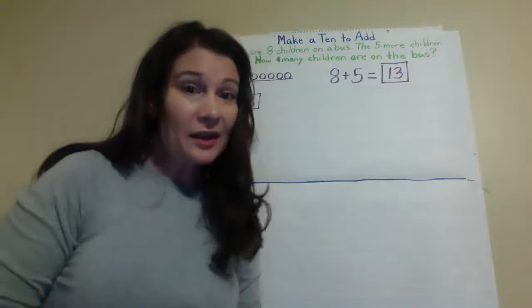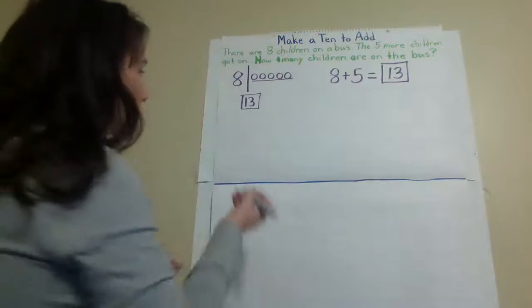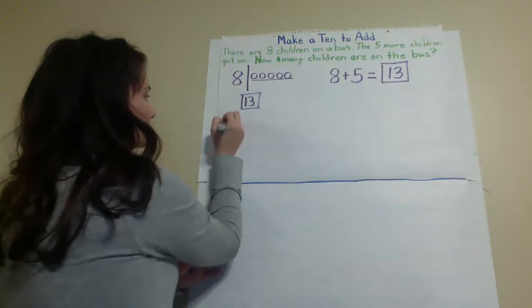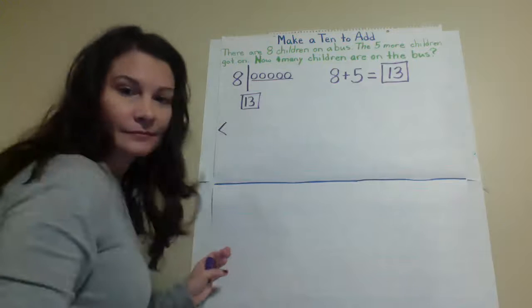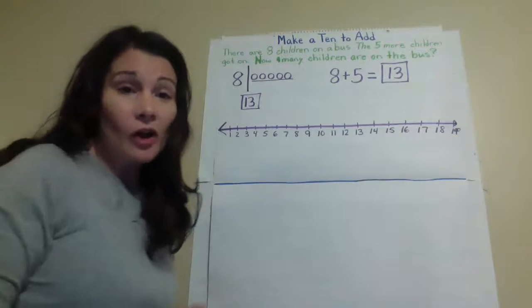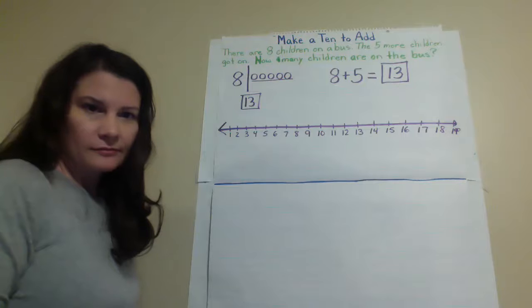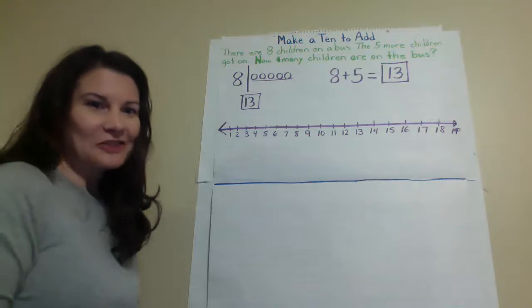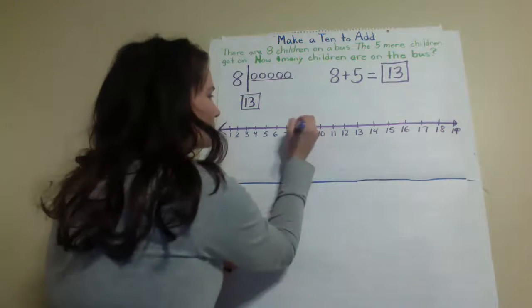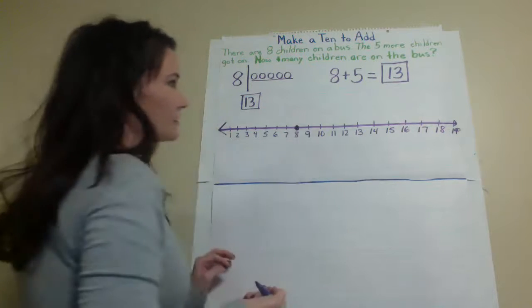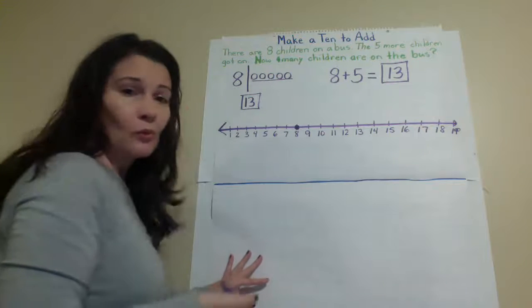I saw someone else use a number line. I've drawn out my number line. Where should they start? That's right, at 8. So they drew their 8. And then how many more should they hop?